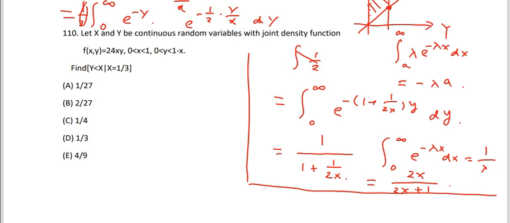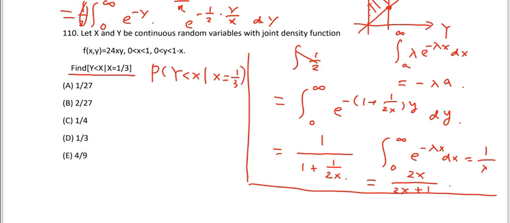Okay, so for problem 1 and 10, we want to find this probability. I'm sorry, we want to find the probability for y less than x when x equals 1 over 3. So this is a conditional probability.